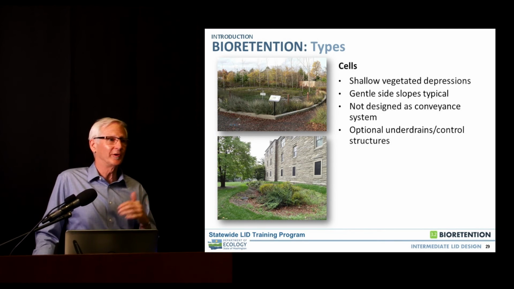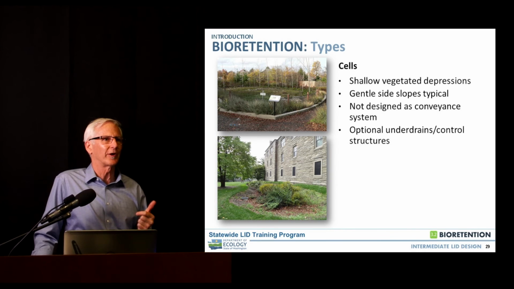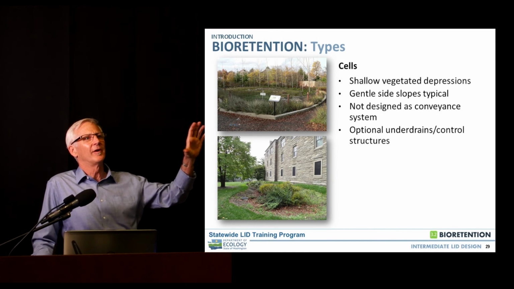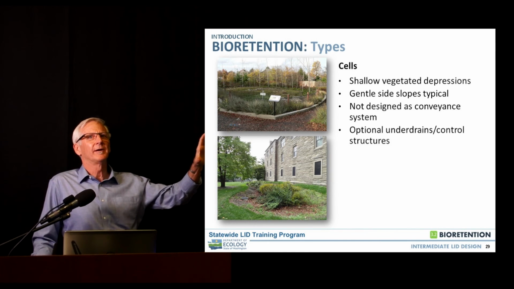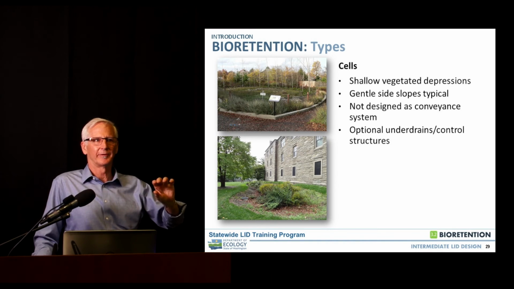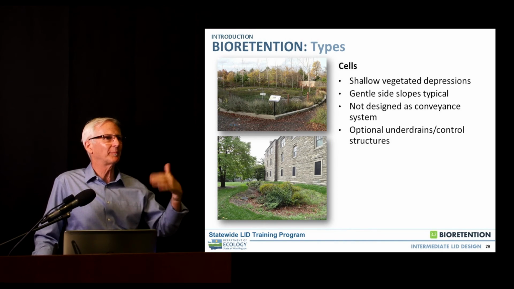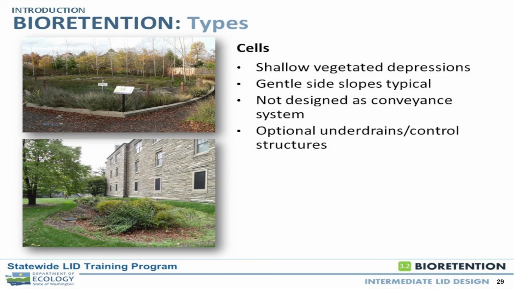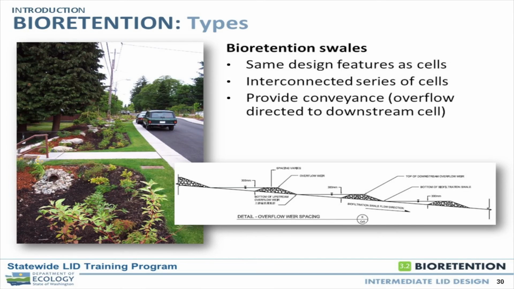We're starting to see more interest in using control structures and the thinking of higher flow media with a control structure. I think there's just generally more acceptance of adopting that kind of approach. And there are advantages and disadvantages to all these things, but I think we're seeing a warming in general to control structures in bioretention.